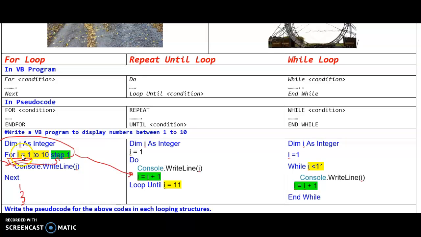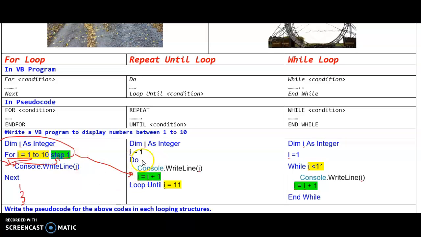The value of I is initialized; in the sense, we are giving the first value to that variable. In the For loop, inside the condition itself we are giving the initial value.